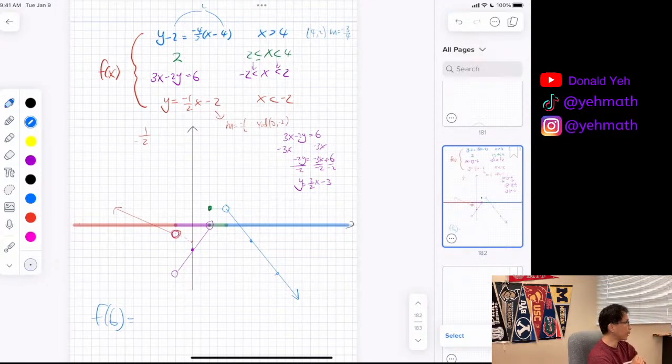Can you guys give it a shot? What's f of 6 here? I'll make it easier. I'm going to ask you f of 7 first, because f of 7 is slightly easier. f of 7.